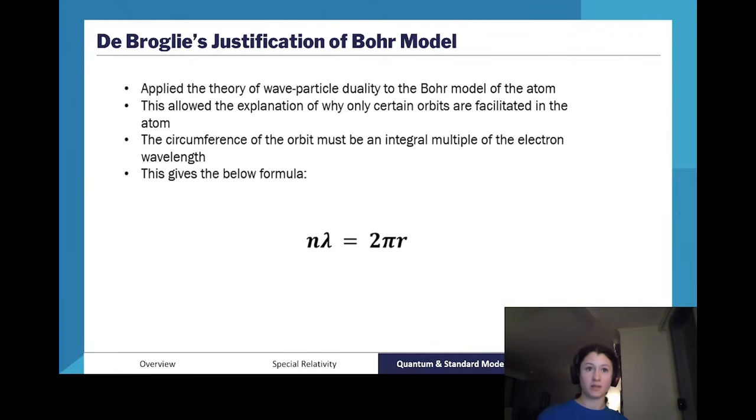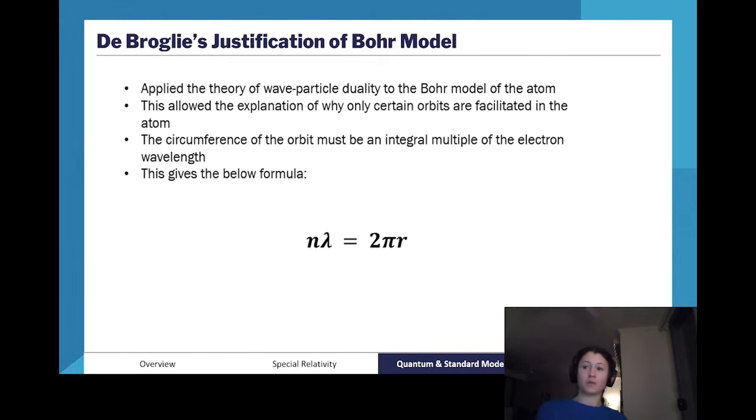So this gives the below formula: n times wavelength equals 2 pi r. So remember the 2 pi r, just like from regular maths, is equal to circumference. So n must be an integral, or like a whole positive number. And then the electron wavelength is given by our symbol there. So of course we have an integral multiple of the wavelength is equal to the circumference 2 pi r.